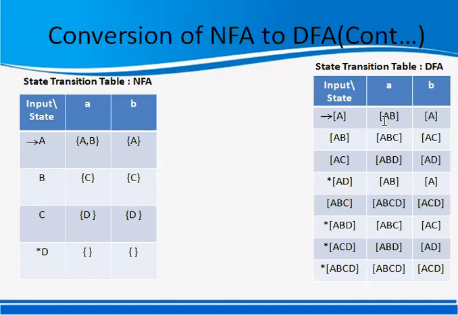So we have written here AB as a single state. Means here AB represents a single state, not two different states. Now from state A on input B, the next state will be A. So we have written here A.